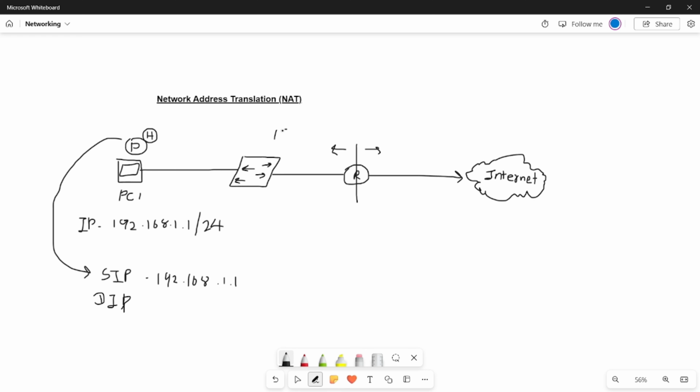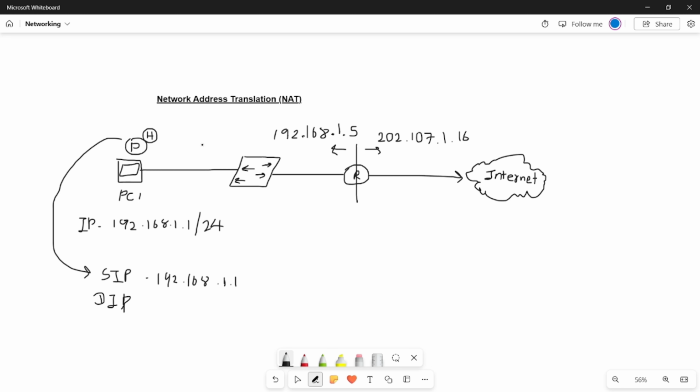So its IP address should be 192.168.1 and something. Let's assume it is 5. The other side of the router should have a public IP address. So let's say the IP address there is 202.107.1.16, like this.